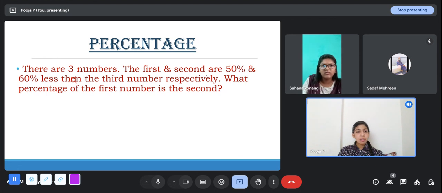So they have given that the first number is 50% less than the third number. That is 100, we are assuming it. So we'll get it as 100 into 1 minus 50%.